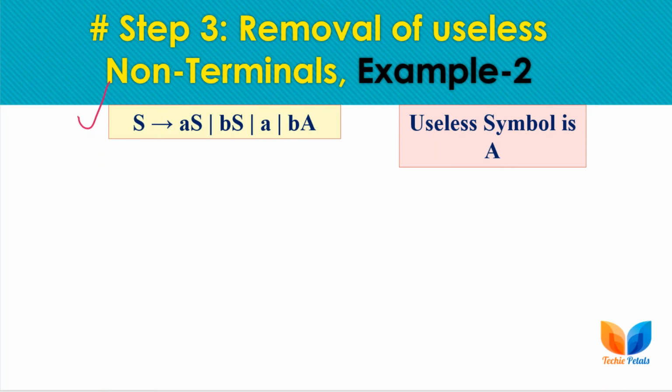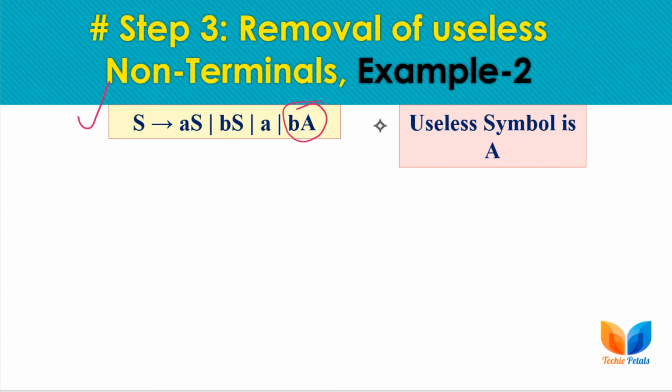Here A may appear in a sentential form, meaning we can start derivation from the start symbol and achieve some sentential form where A may appear, but that sentential form cannot end with a string of terminals, because we do not have any terminating production rule for this particular non-terminal A.